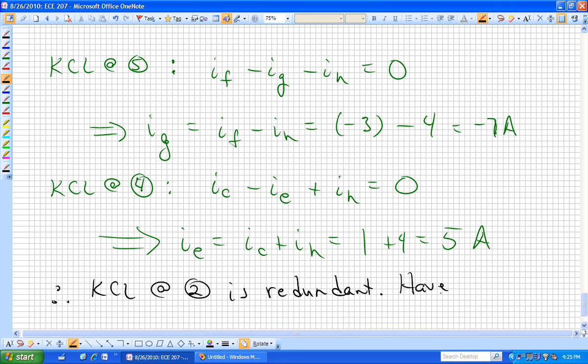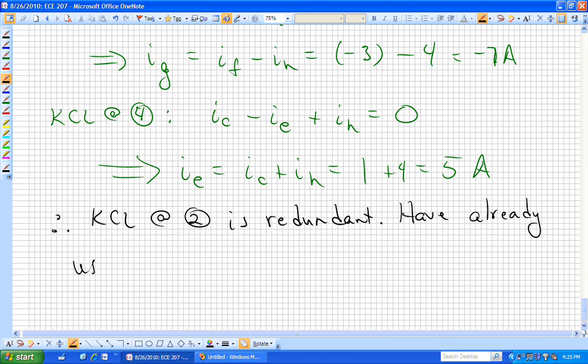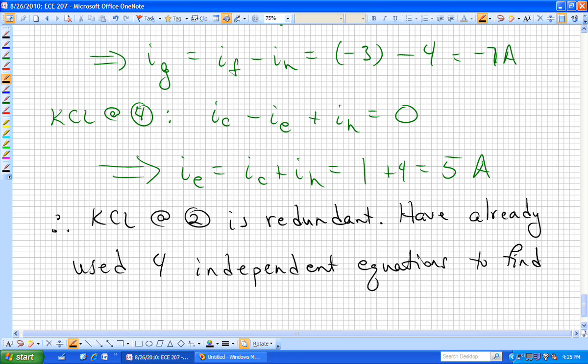Or we could say we have already used 4 independent equations to find the 4 unknown currents.